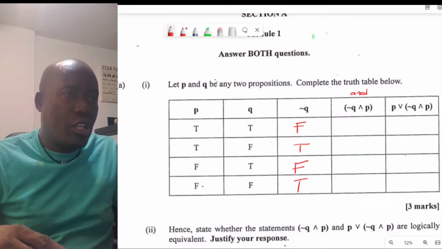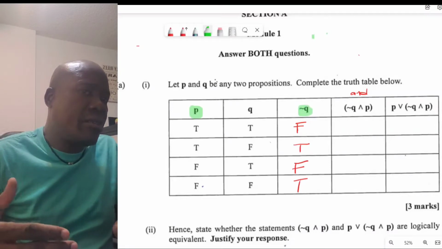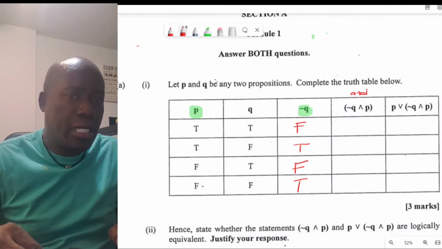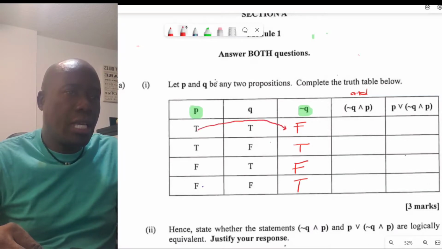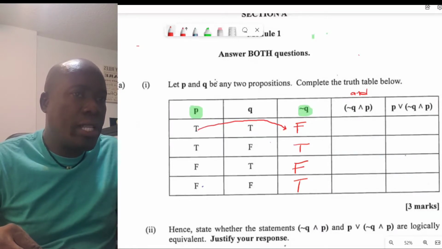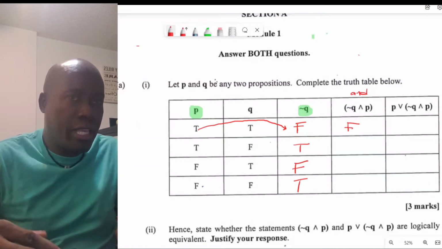Let's look at not Q and P. I'm going to highlight the P and the not Q and view them one at a time. When P is true and not Q is false, we have a true and a false, so we get a false, because it is an and statement and we need both statements to be true.